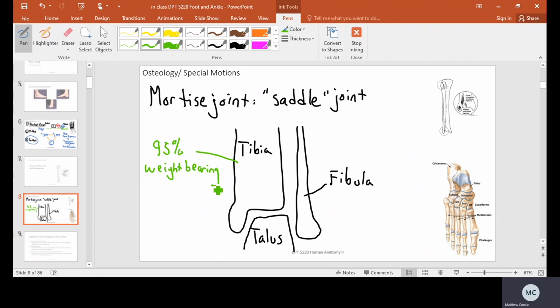The other thing we have to understand is that depending on the person, and this is another one of those it depends things, the average person bears about 5% of their weight on the fibula. However, in a lot of cases, it's nothing. Okay, and I have seen patients come in, like I said, with fibular fractures, walking in like nothing ever happened. So just understand that the vast majority of my weight bearing is going to be done through my tibia.